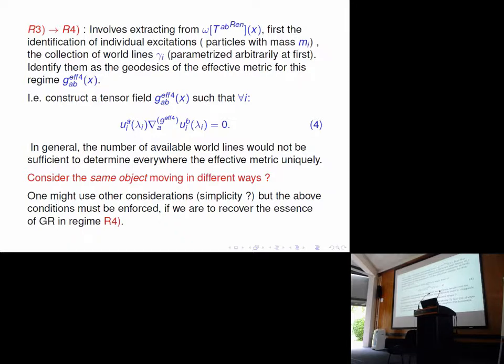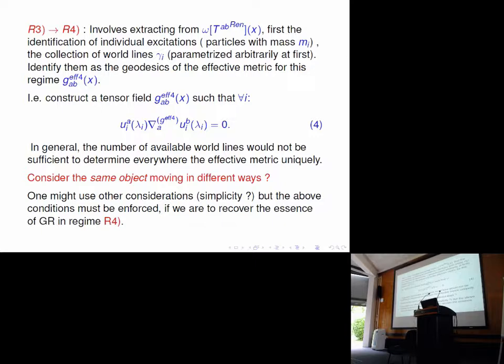Say this is the region where I find support for the energy momentum tensor, and I try to identify this as a particle, assign to it a certain worldline, and declare that to be a geodesic of the metric of the space-time that has emerged at that level.